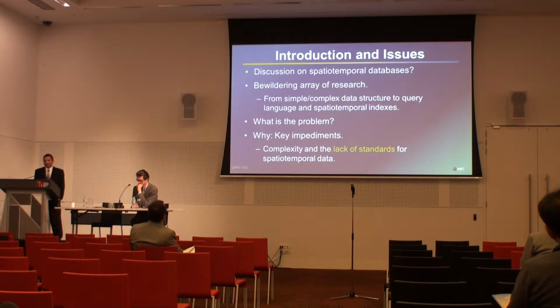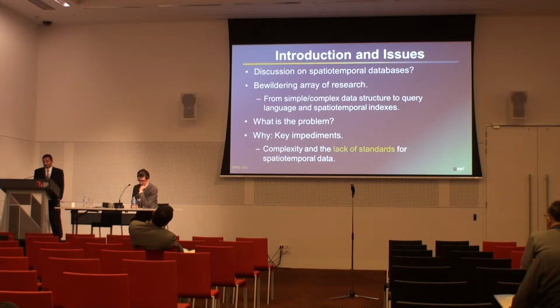Similarly, temporal query languages, where people researched how we can use this. And folks worked on spatial temporal indexes also, where they extended the traditional R-tree indexes to include the time dimension along with the space.